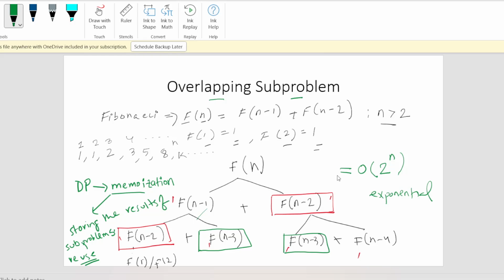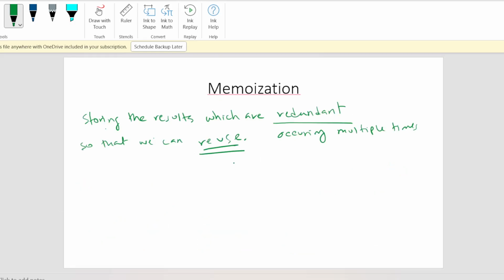Let me copy and paste this tree. Okay, let's draw a tree again. So we had f of n minus 1 plus f of n minus 2. From here again, f of n minus 2 plus f of n minus 3.